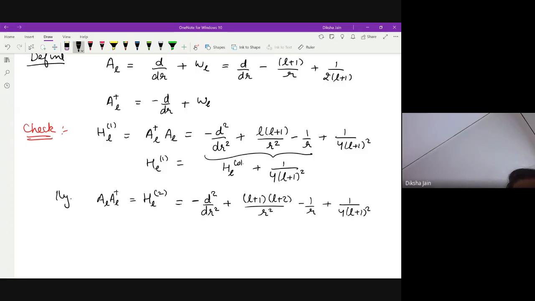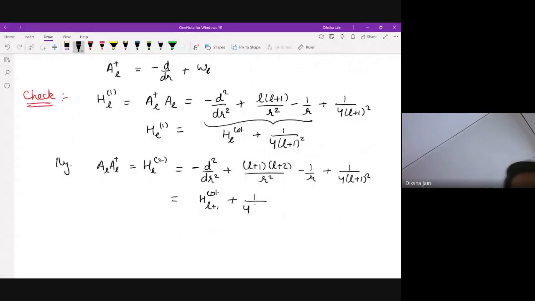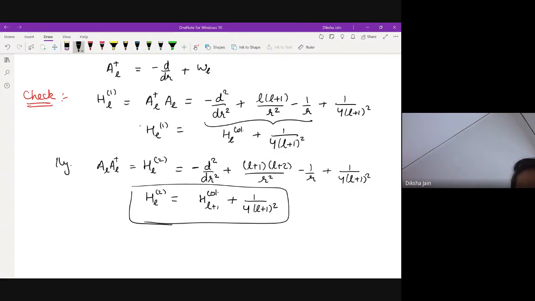Plus 1 over 4 L plus 1 square. So this is basically H Coulomb, but at level L plus 1. Notice the second term. So it's L plus 1 times this. So it's H Coulomb at L plus 1 plus 1 over 4 L plus 1 square. So this is H_L of 2, this is H_L of 1.